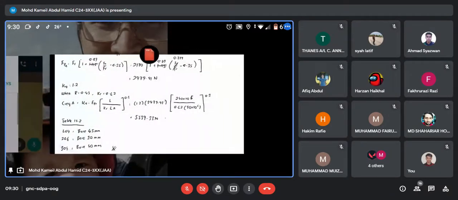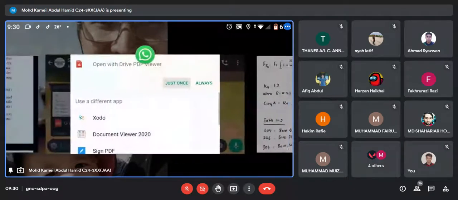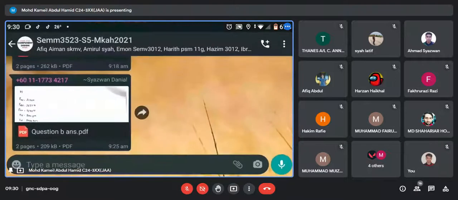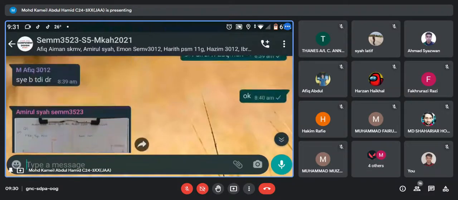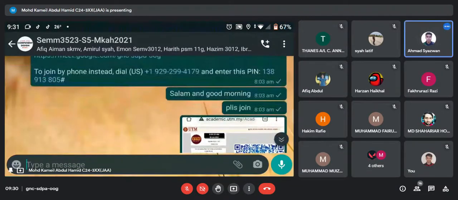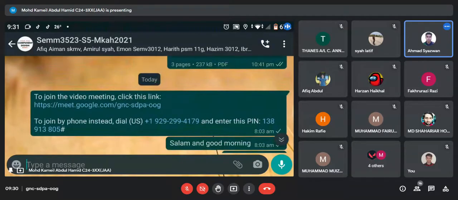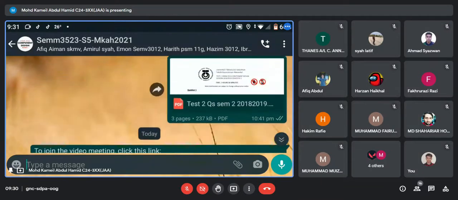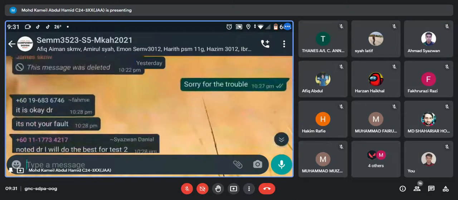Untuk 35 degree. Tu kalau makna dia tu silap lah tu. Okay, so just double check. Okay, nanti saya double check lagi. Mungkin silap dekat slide tu. Tak perasan macam.